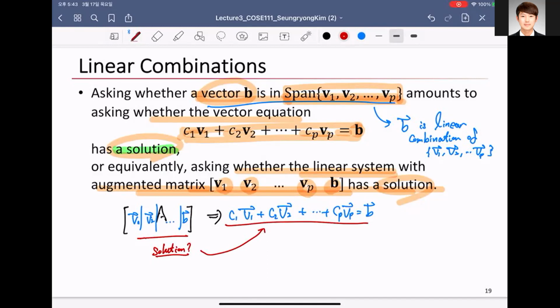This question can be equivalent to vector B in span of V1, V2, VP. These three statements are wholly equivalent.